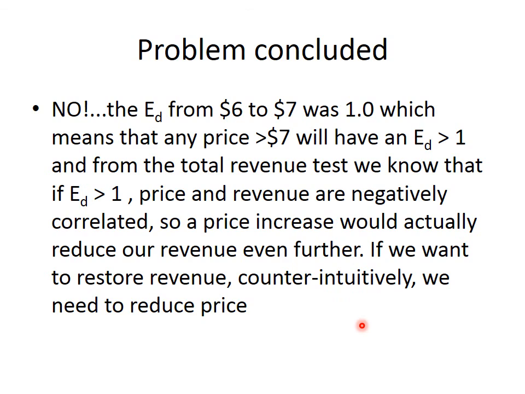The elasticity from $6 to $7 was 1.0, which means that for any price greater than $7, right now I'm charging $7, the price elasticity coefficient will be greater than 1. We know this. Why do we know this?